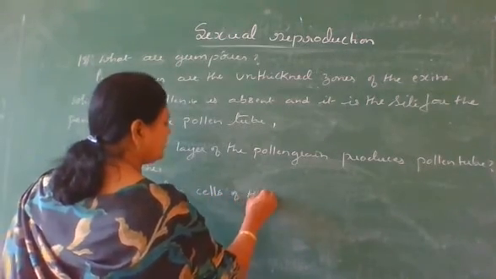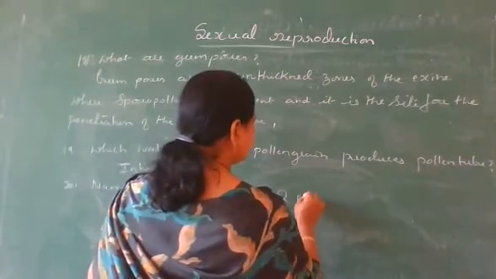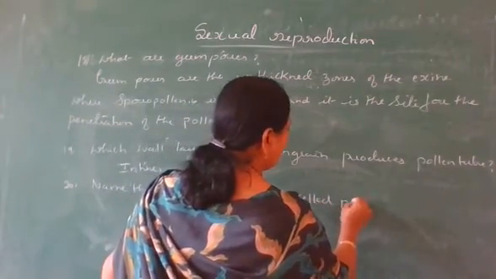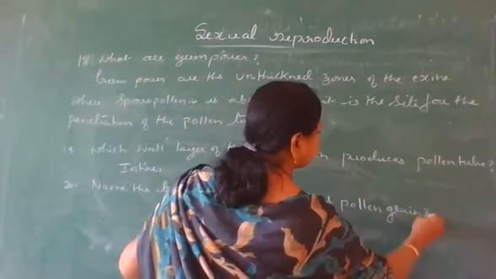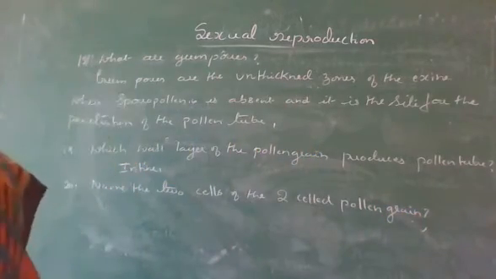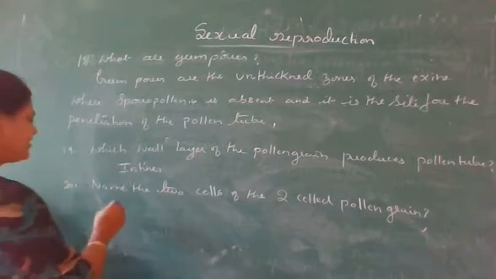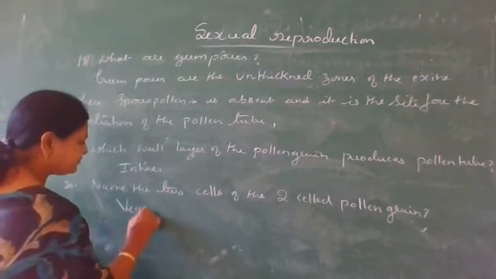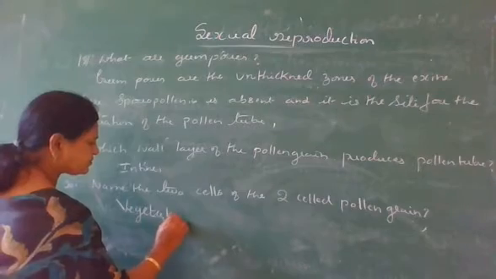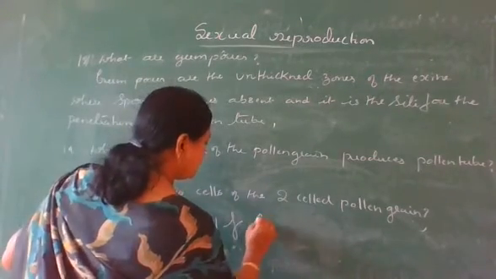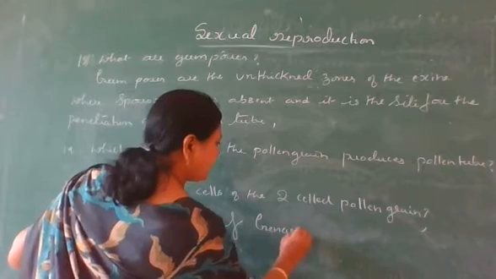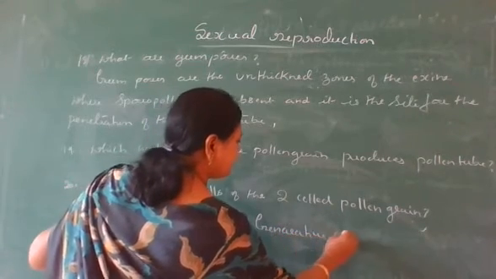One is called the vegetative cell and the other the generative cell.